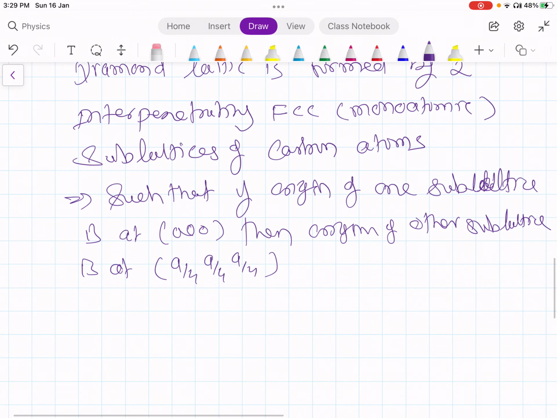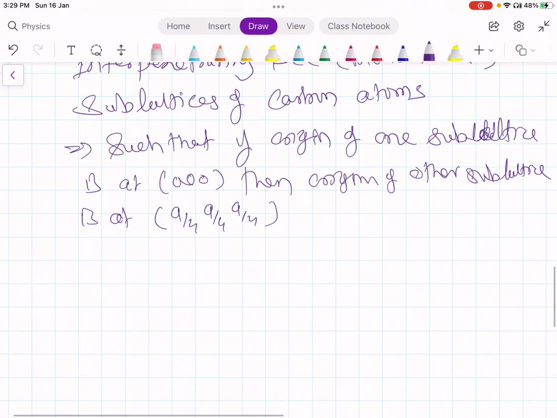Now, for these two sublattices of carbon atoms, I am showing the unit cells. Let me show the first unit cell for one sublattice of the carbon atom.